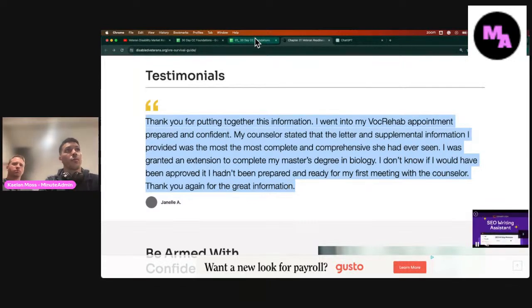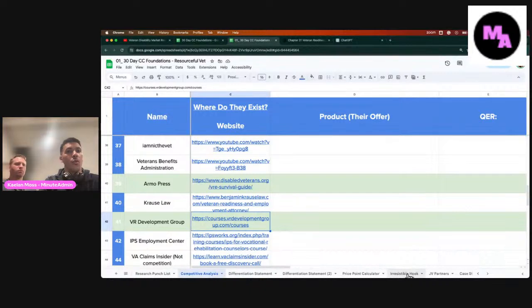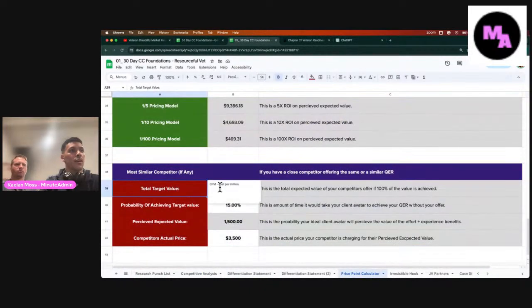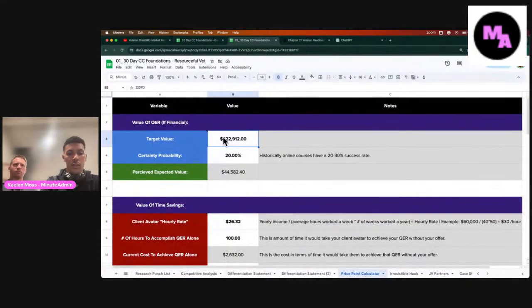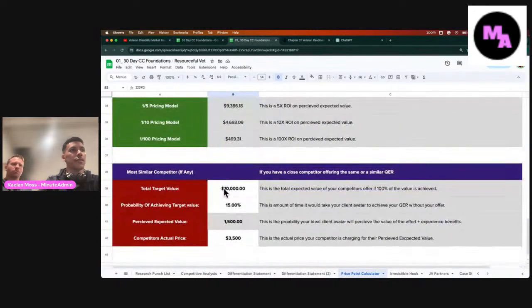Okay, so with that being said, we're going to look at our price point calculator, total target value, the total expected value of your competitor if 100% of the value is achieved. Now, here's the thing. We're still going to put $222,000, because if somebody goes in and gets this, then they achieve it. Well, how long does it take to get a master's in biology?